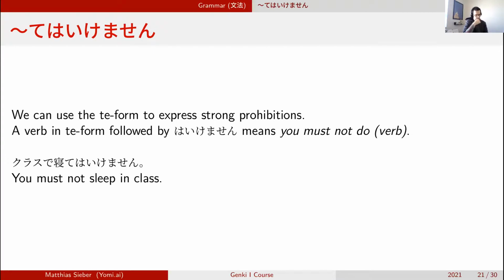3番. I guess don't bring your dog. Dog is inu, or puppy is koinu. So what is to bring? Let's see.